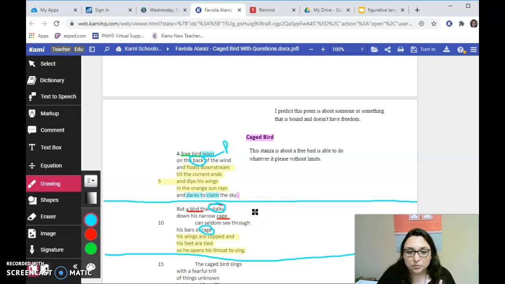But I want you to notice one particular thing. This is the first time that we hear that the cage bird sings. Why would a cage bird sing? Everything else is bound. But what is the one thing that isn't bound for him?